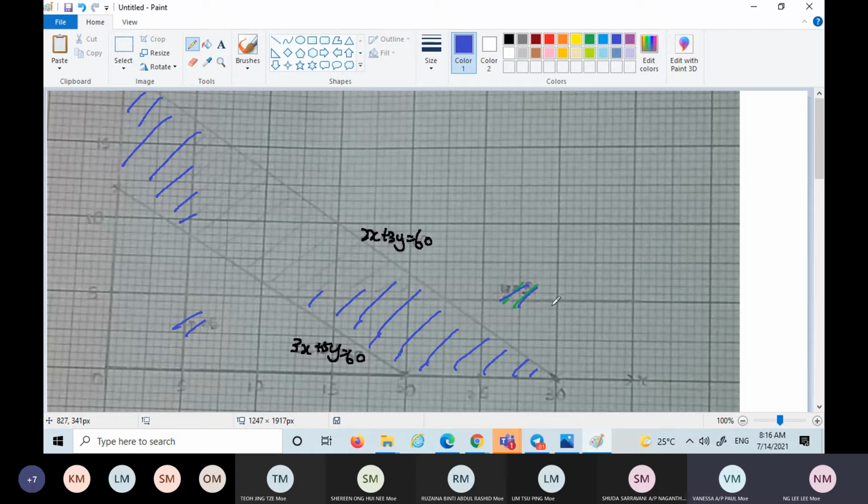Okay, can you form the objective function? Lisa, are you able to form the objective function? No. Okay, now we start. You see, this is income.